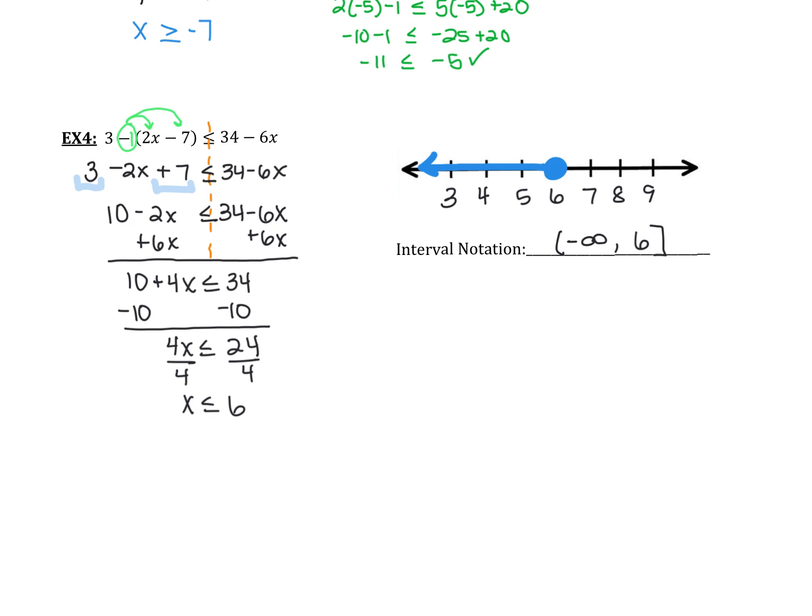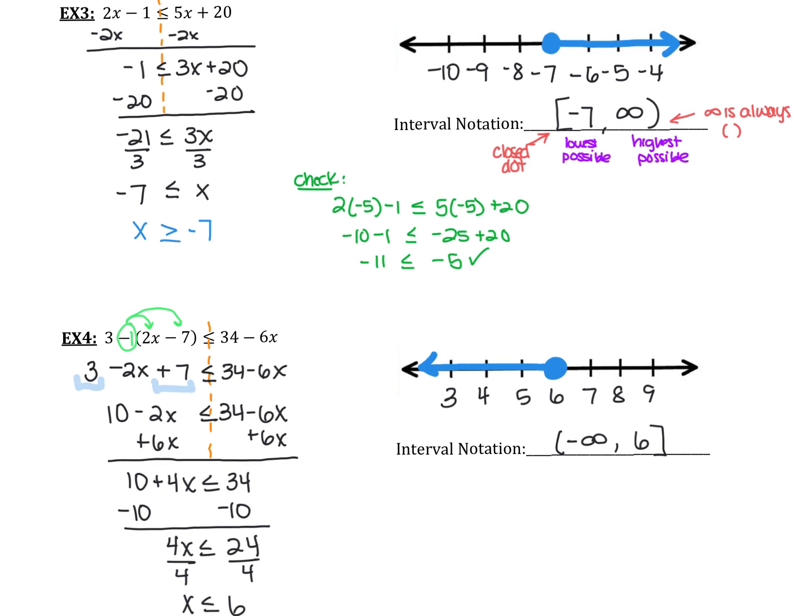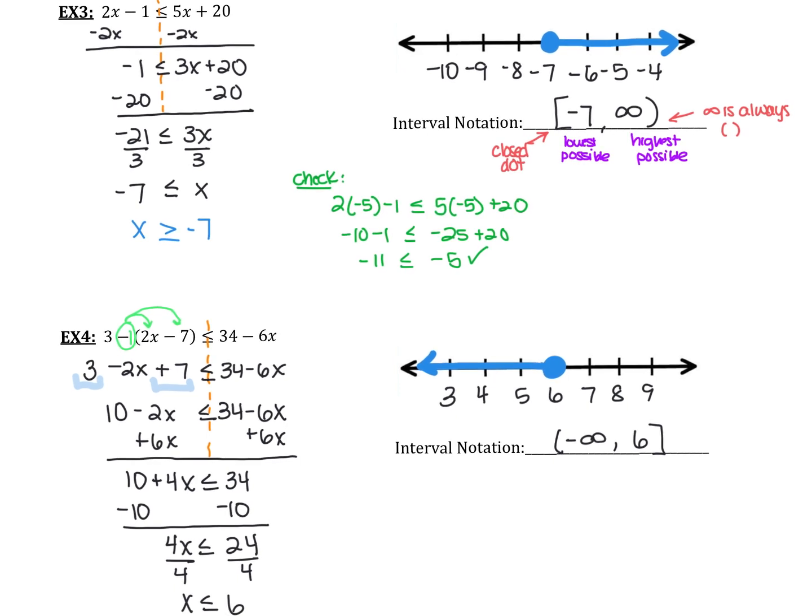Now there are a couple of patterns I want you to notice. Do you notice on these problems that we've worked on that we have an infinity every time? We're only looking at things that are moving in one direction. They start at a number and move on forever. If you really want to explore what happens when maybe that isn't the case, look up compound inequalities.